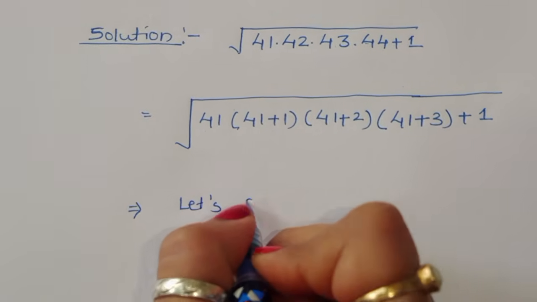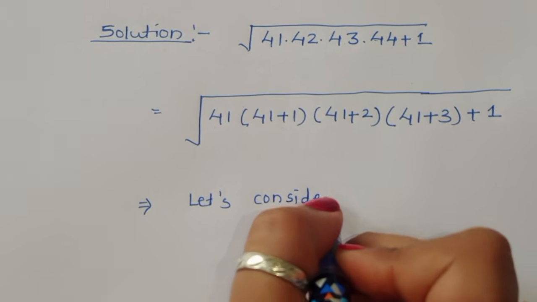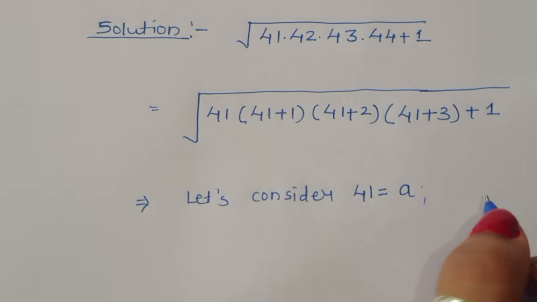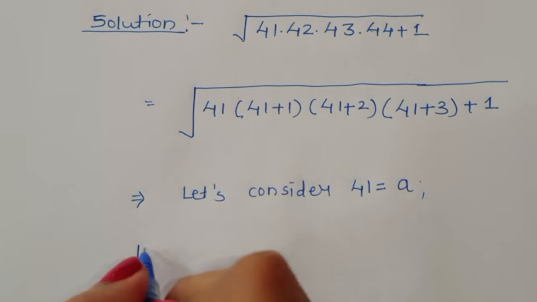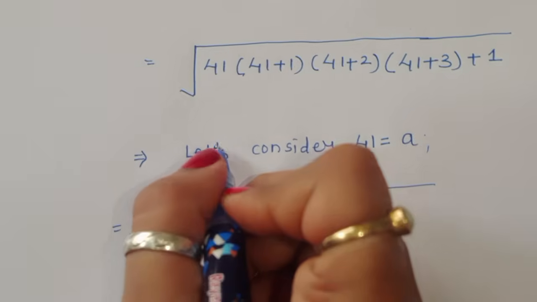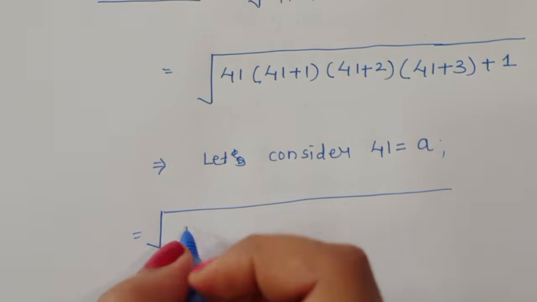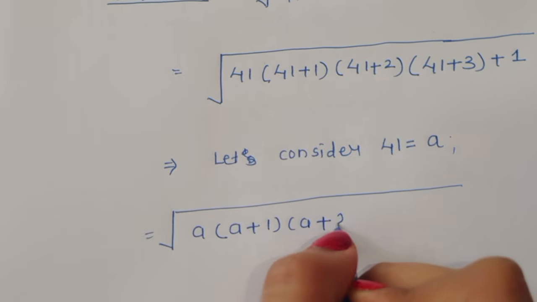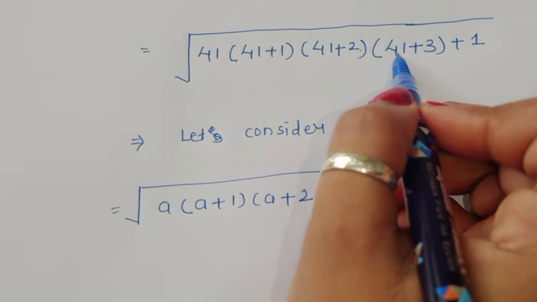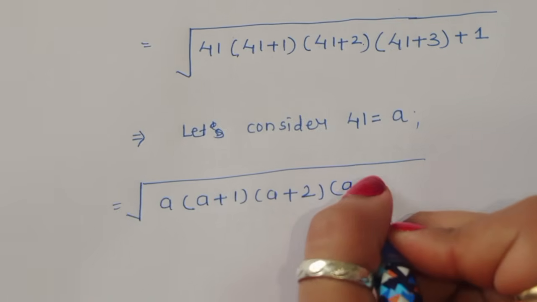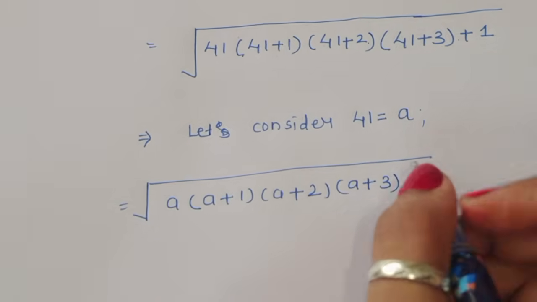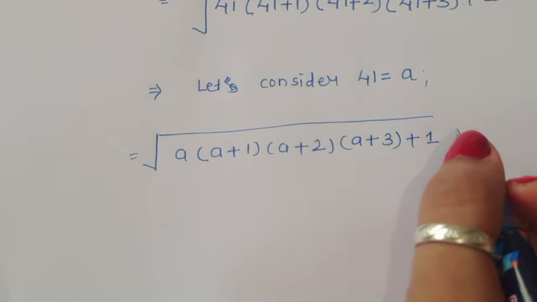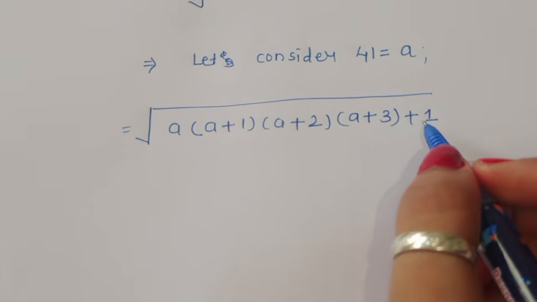So let's consider 41 is equal to A. Now we can write this as A times A plus 1 times A plus 2 times A plus 3, plus 1. Now A plus 1, A plus 2, A plus 3, and here plus 1.